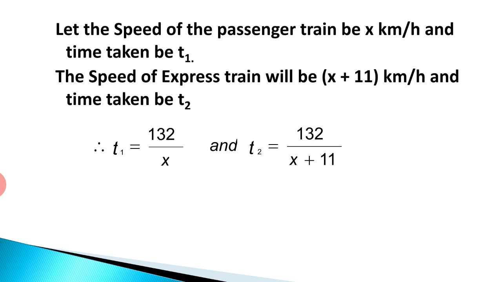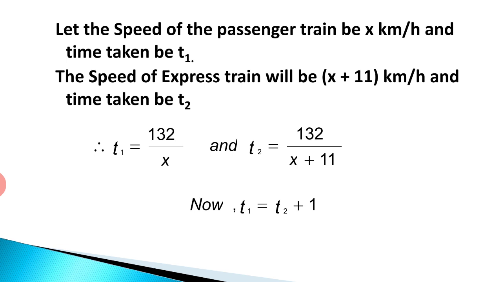Now which train will require less time? Of course the express train, because it is fast. So we can write t1 is equal to t2 plus 1. Why t2 plus 1? Because the passenger train is requiring 1 hour more, but in the question it is given that the express train is requiring 1 hour less.